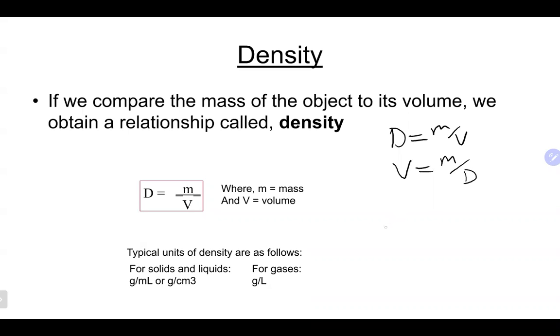If you're looking for mass, you would just multiply the volume to the other side, and mass would be volume times density. Sometimes people remember this by the wonderful DMV triangle. Everybody loves the DMV.